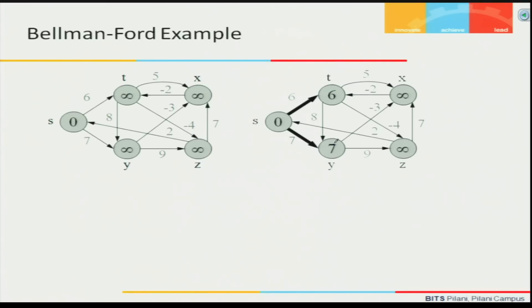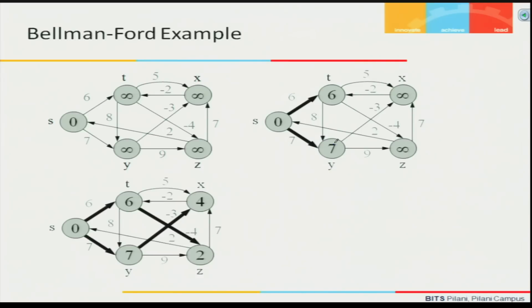Now we continue and look at all vertices which are at a distance 2 from the source. For every vertex here we have an edge going out of this, and this edge going out of this, and we also have this edge going out of this vertex.